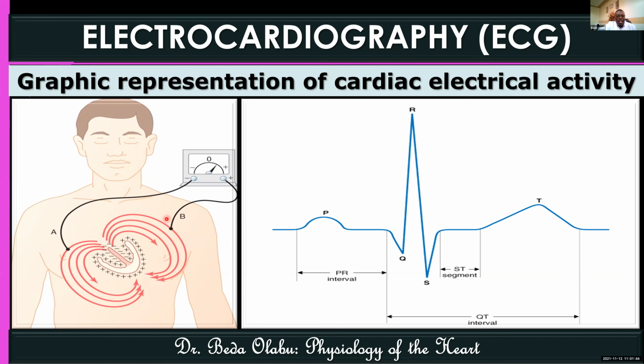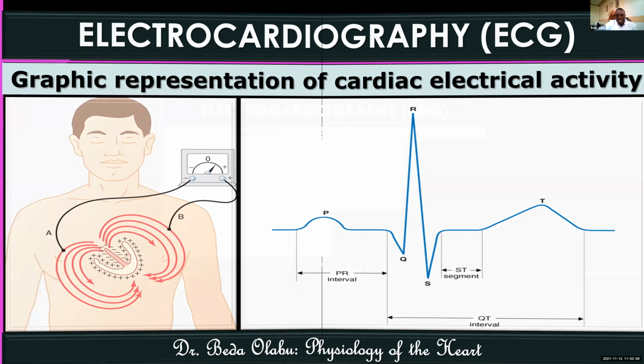Now, we may be aware of how we connect the ECG leads, or maybe you're not aware, fine. This lecture will not teach how we connect, but I just want to look at the waveforms of the ECG and what they mean. A typical waveform will look like this, with different names given to the waveforms. Let's look at it this way.